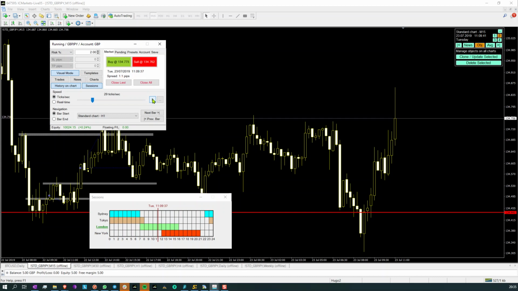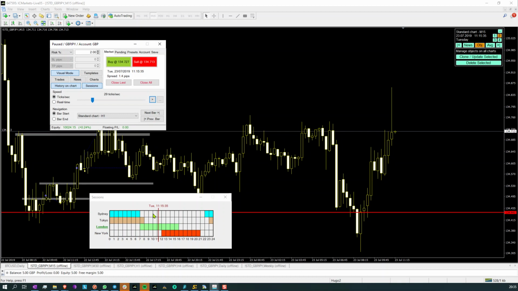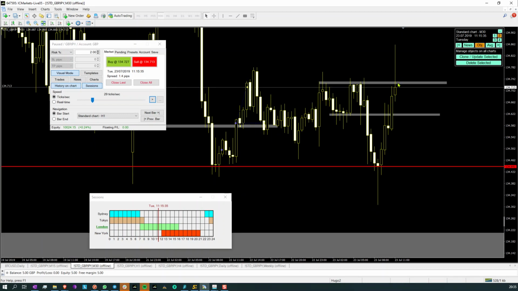So let's wait for this close in 5 minutes. Huge rejection for now. Okay, we closed bullish. 30-minute closed inside of this range, which is what it is.